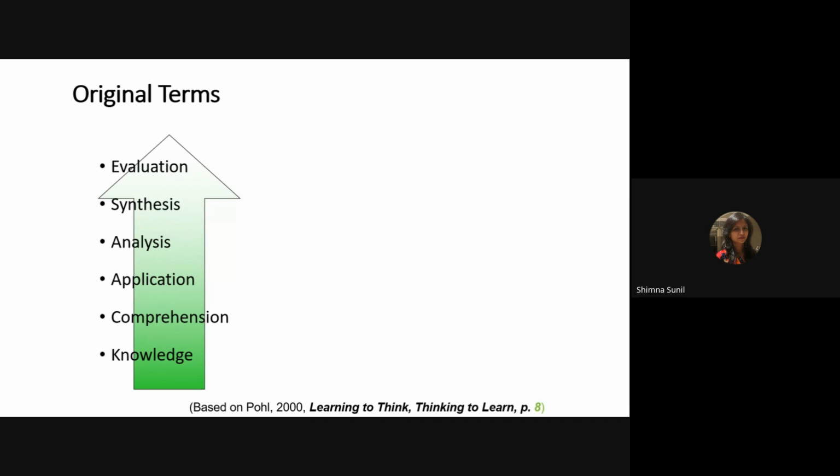Just some general factual information about Bloom's taxonomy for all those who have less information about it. It's a taxonomy which is basically a hierarchy, a framework. Taxonomy refers to classification. Any kind of classification is called taxonomy. This taxonomy was developed by Benjamin Bloom, and so it is called Bloom's taxonomy, and it is an instructional model.